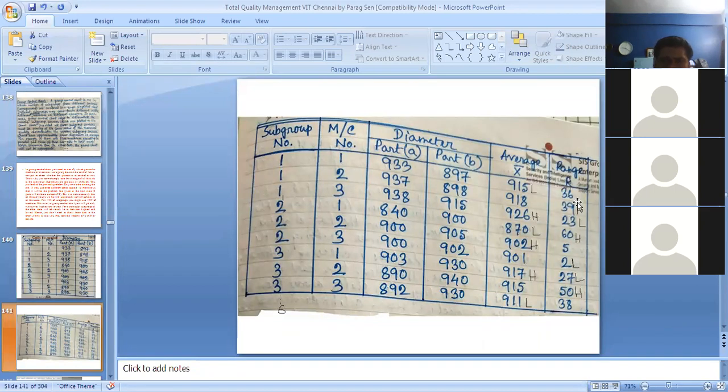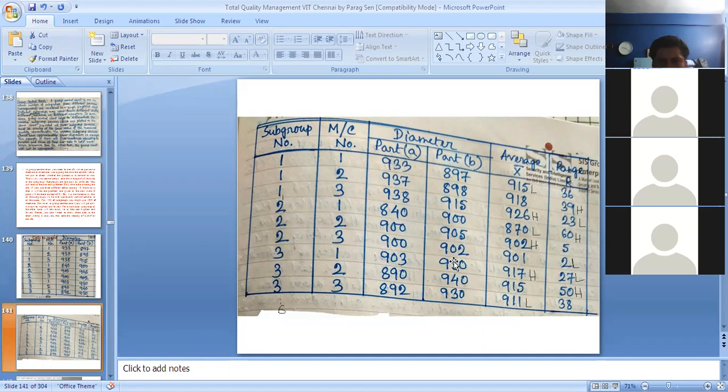But if you have more than two parts, suppose you have six parts, just like the previous problem, then you will have to subtract the least value from the highest value to get the range. Here also you will be doing the same thing.